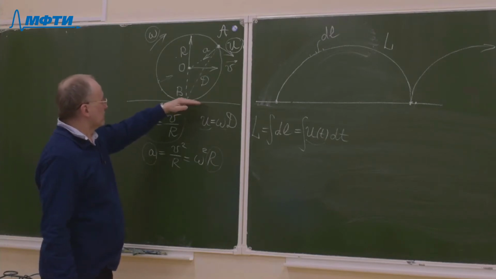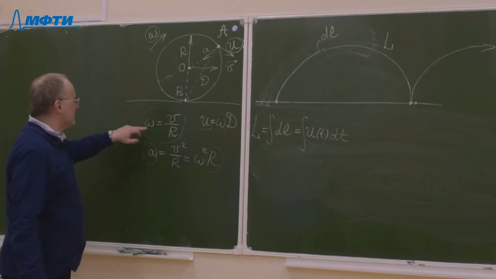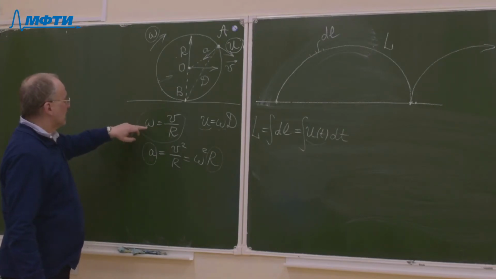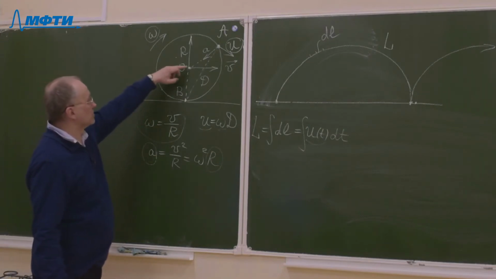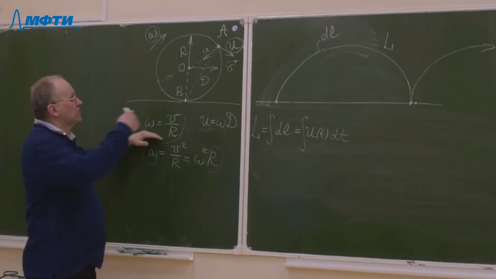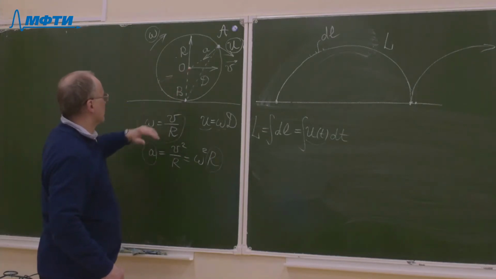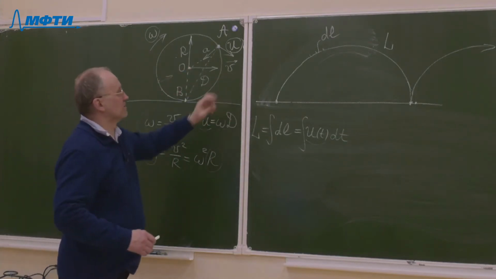And in this reference frame, the angular velocity of the wheel will be the same as we found it earlier in the reference frame associated with the center of the wheel. This formula was written when I moved to a reference system associated with the center, moving together with the center with velocity v.